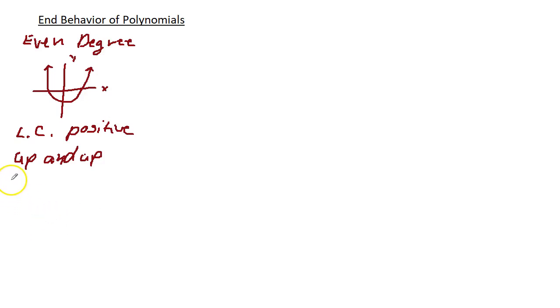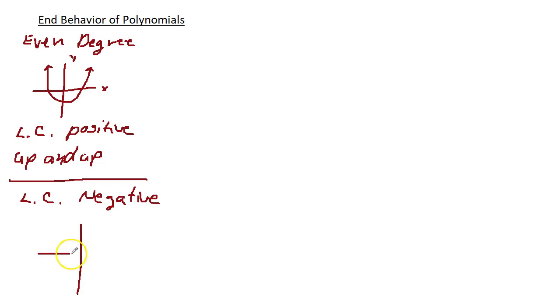Now, what if our degree is still even, but our leading coefficient were negative? So LC is negative. Well, that's like your parabolas where they open down.